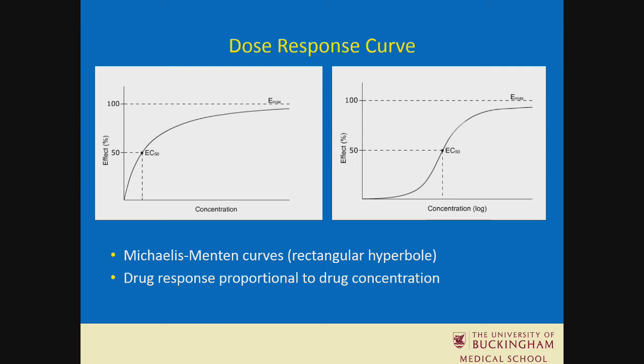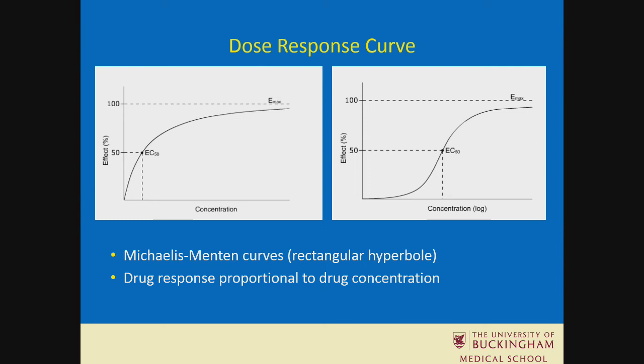And from these you can determine the maximum effect or maximum response of that drug, and from that you can take a half dose, and you remember that's a measure of the affinity of that agent for that particular receptor or enzyme. Now, to be able to determine these sorts of measurements much more accurately, we can transform this using a log scale. So this is a sigmoidal curve, much beloved by pharmacologists, but you can see you can much more accurately determine things like your affinity and your maximal response.